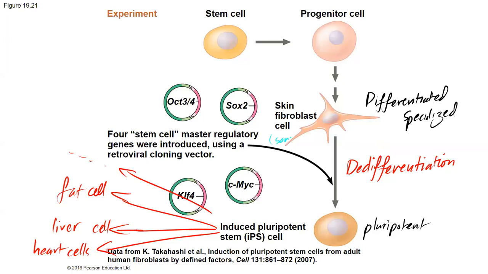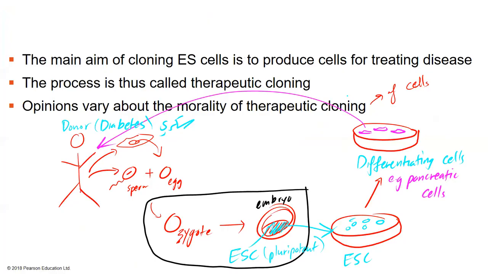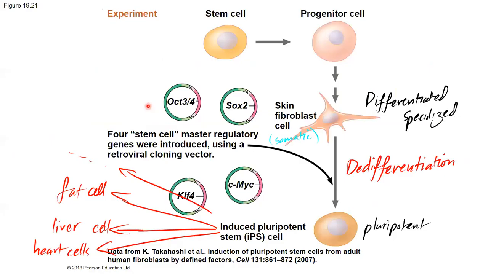So this is a somatic cell, maybe from the donor, the individual affected by the disease, and using a virus carrying the genes encoding these transcription factors, the somatic cell will be converted into a pluripotent stem cell, and this pluripotent stem cell could be differentiated into the desired cell type.